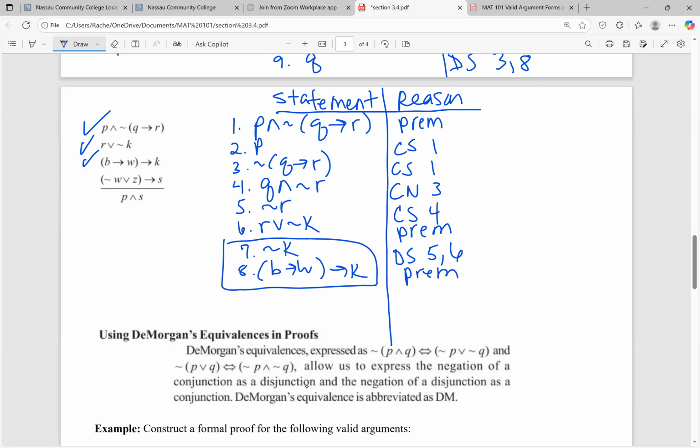And you see how I have the negation in 7 of the right-hand side of the conditional and 8. So that's modus tollens. And that's going to leave me with the negation of the left-hand side of the conditional. So not B implies W. So that's modus tollens on 7 and 8.